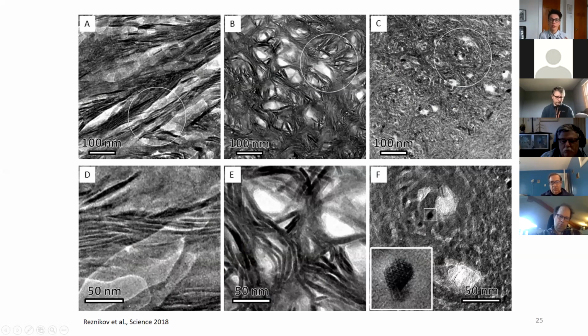When the section is oriented oblique, then we still have curved crystals that are separated from each other by these uniform gaps of around 1.5 nanometer.